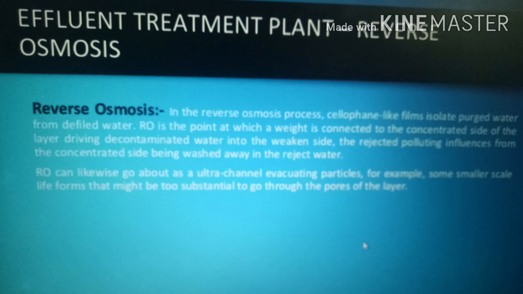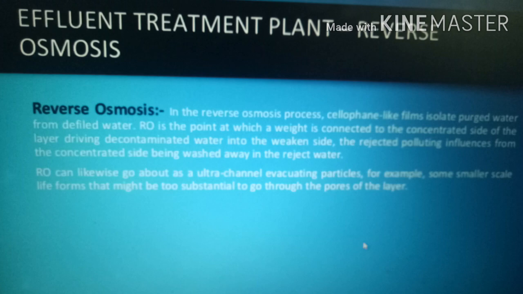RO can also act as an ultra filter removing particles, for example, some microbes that might be too large to go through the pores of the membrane. The reverse osmosis system has a feed water pump, high pressure pump, pretreatment and reverse osmosis module, product pump, membrane, product water, and waste discharge.